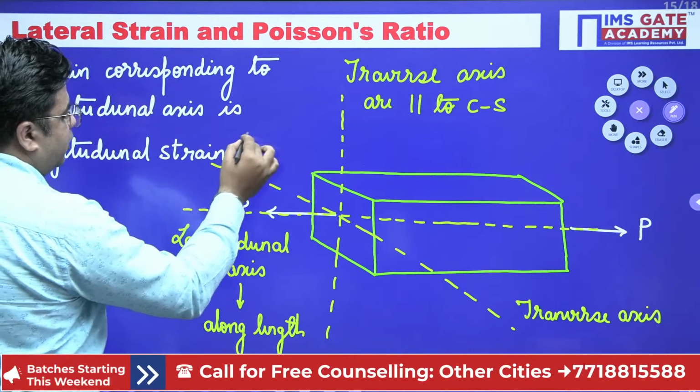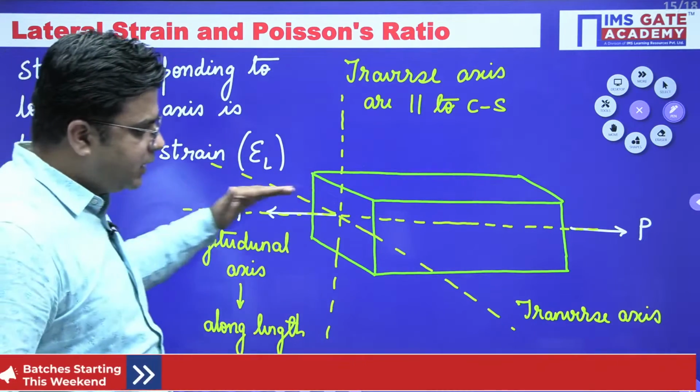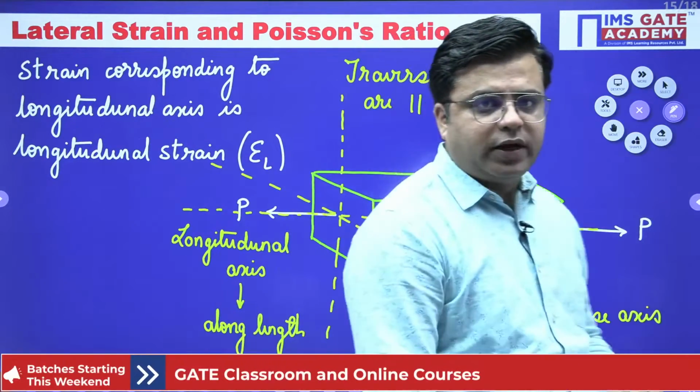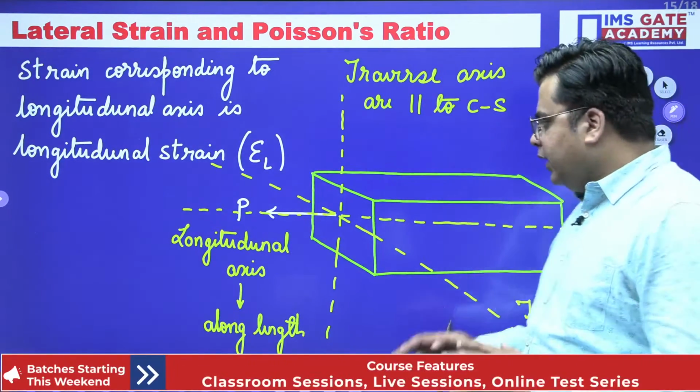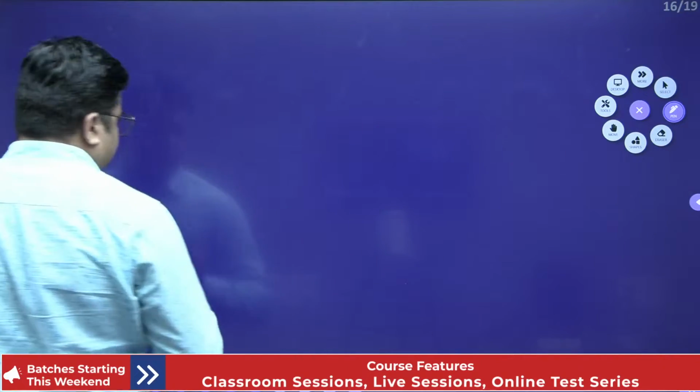Longitudinal strain is denoted by epsilon L. So epsilon L is nothing but the longitudinal strain. When you observe this body, again I'll draw this diagram.